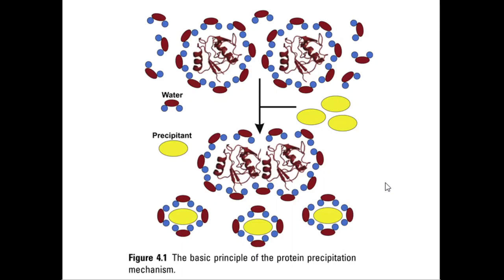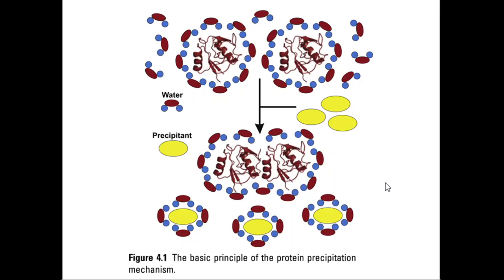So what is happening in salting in? Because we are commonly asked about two parameters when we work on protein extraction: is it the salting in method or the salting out method? So I'll just elaborate on these two methods.